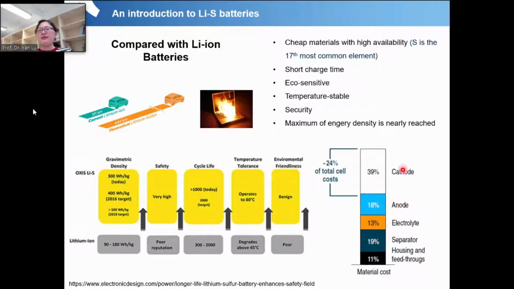If you look at the total cost of your battery, you will see that most of the cost is based on the cathode. That is why it is very important to optimize the cathode system for lithium sulfur batteries.